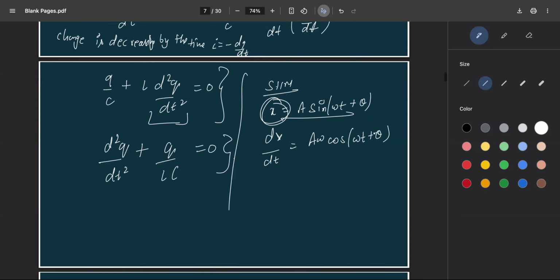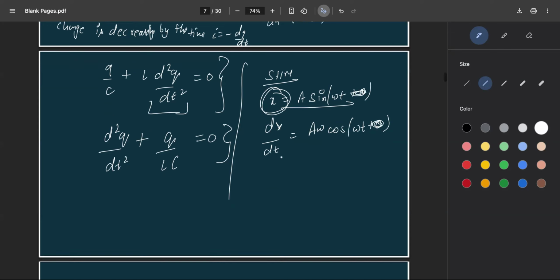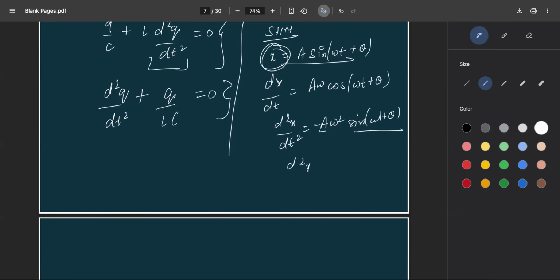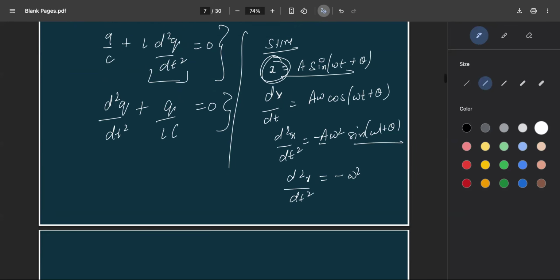If you differentiate again, you get minus a omega square sine of omega t plus theta. If you look at this carefully, this a sine theta results in d2x by dt square equals minus omega square x itself.